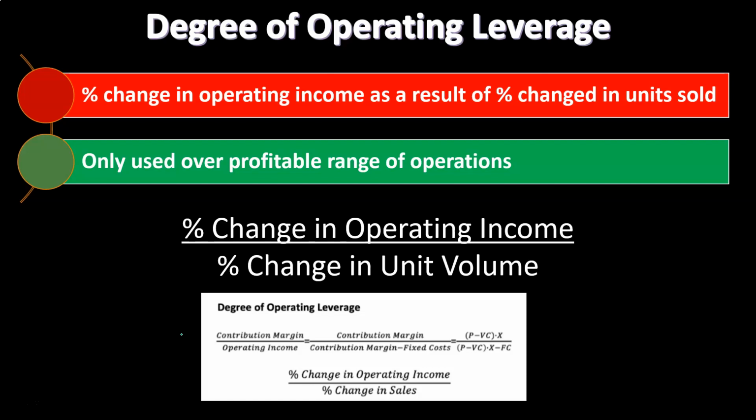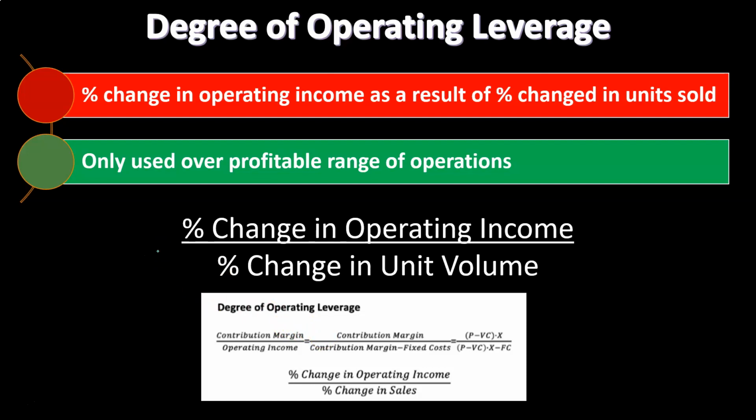If you're external to the company and you only have access to the financial statements that are provided by the company, then you might use this formula up top. Might be easier because you might not have the information for a contribution margin calculation here.